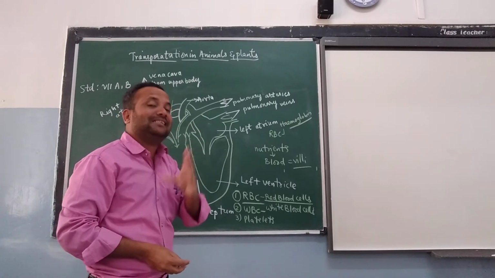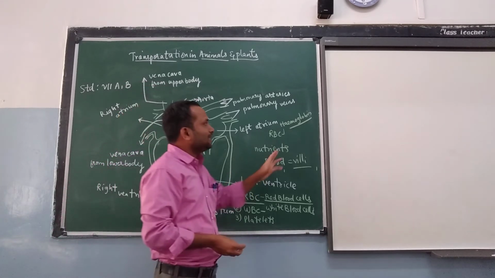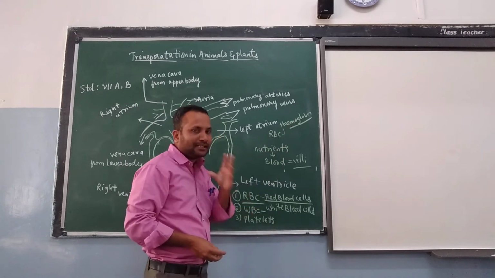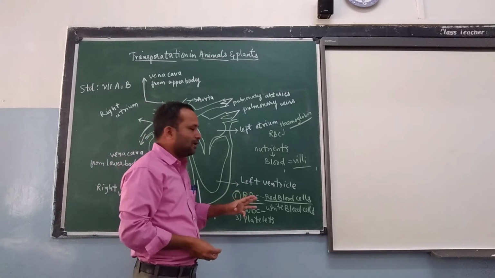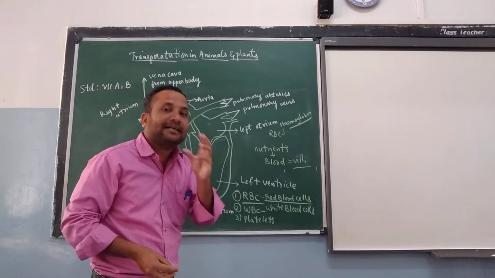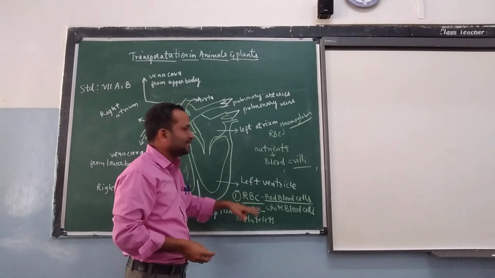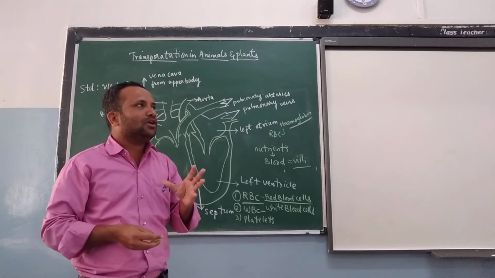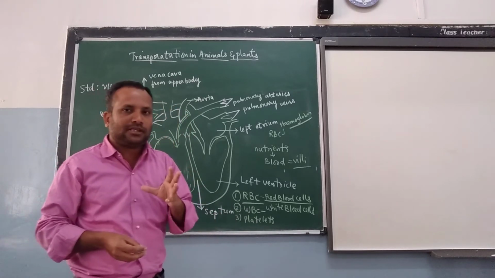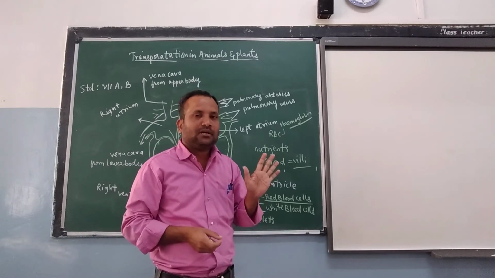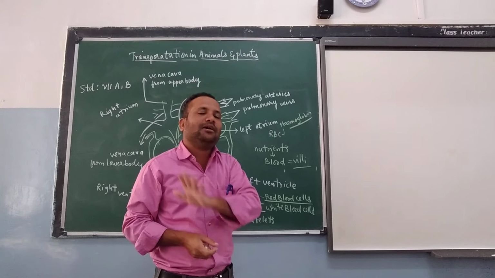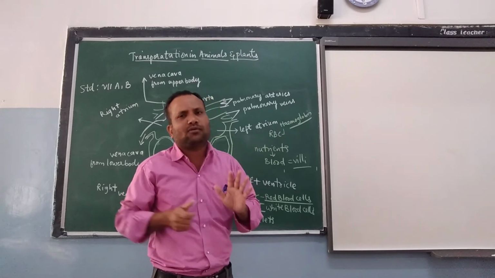So we call it red blood cells. Very important, RBC carries oxygen and provides it to all the cells of our body.